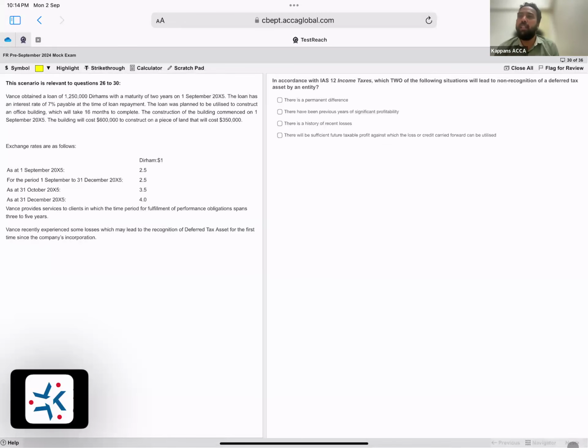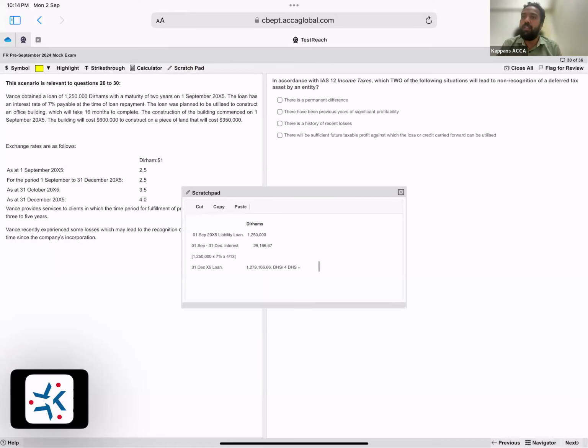And moving on to the last question. In accordance with IAS 12 Income Taxes, which two of the following will lead to non-recognition of a deferred tax asset? Read the question very carefully. The most important question is, when will you record a deferred tax asset? A deferred tax asset with respect to a loss will be recorded in two situations.